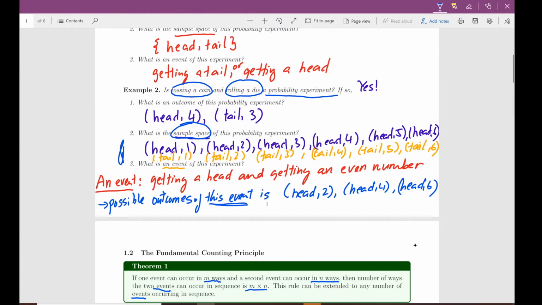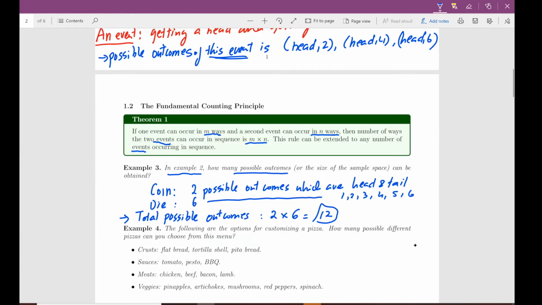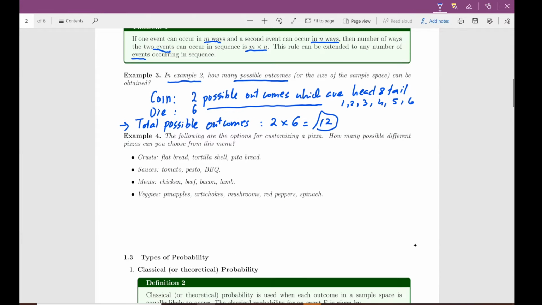All right. Now let's look at example number 4. So say you go to a pizza store, right, and you have a bunch of different selections for crust, for sauces, for meats, for vegetables, and you want to count how many possible different pizzas you can choose from this menu.